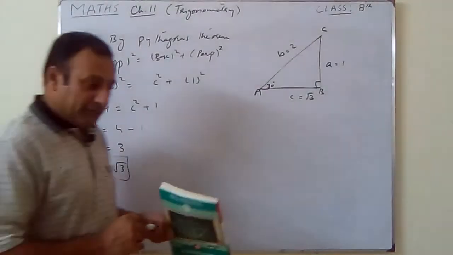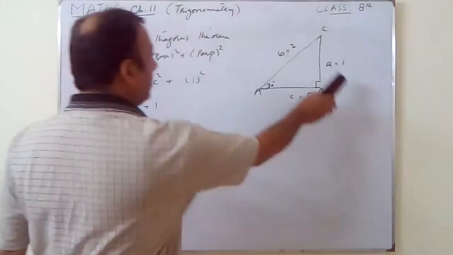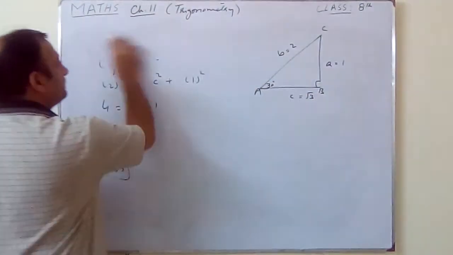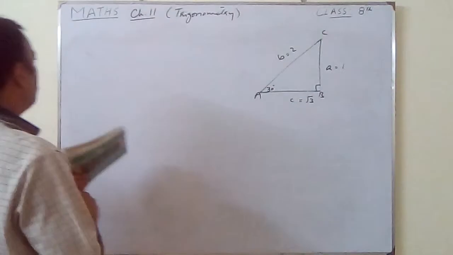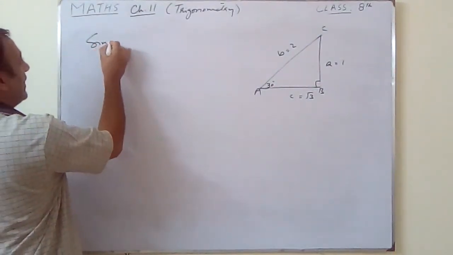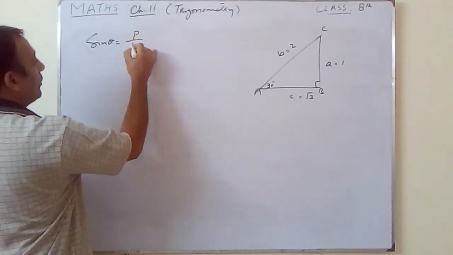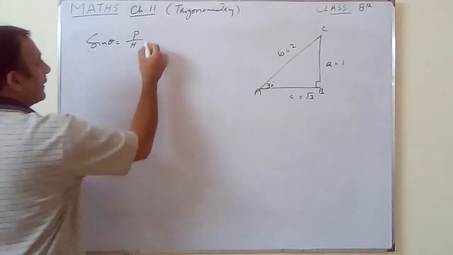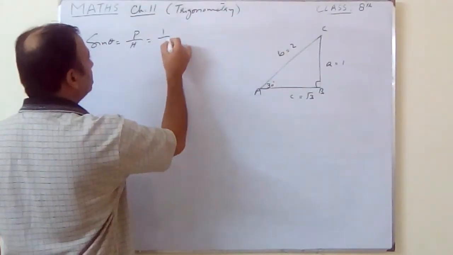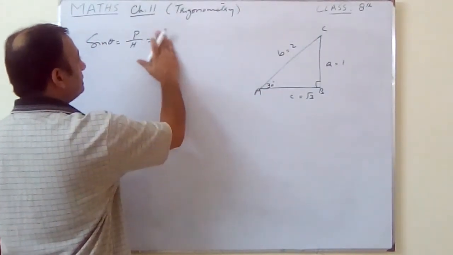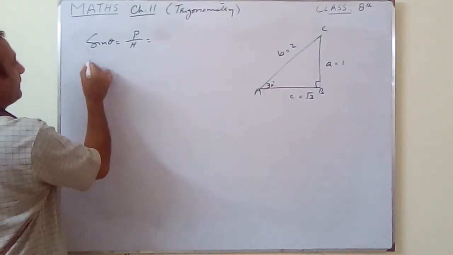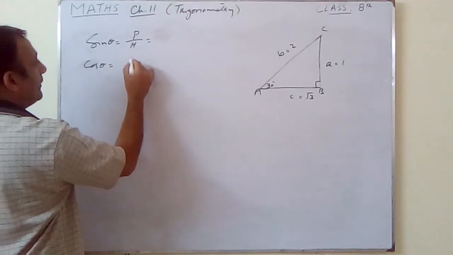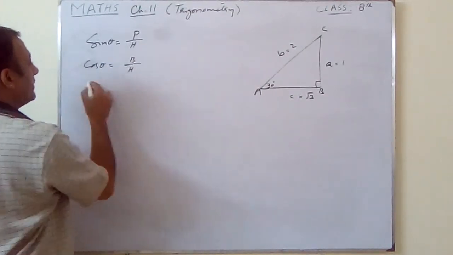So if we have taken the values 1, 2 and square root of 3, now we know that sine theta is equal to perpendicular over hypotenuse. Perpendicular is 1, and cos theta is equal to base over hypotenuse.